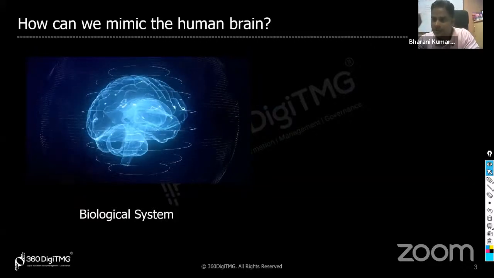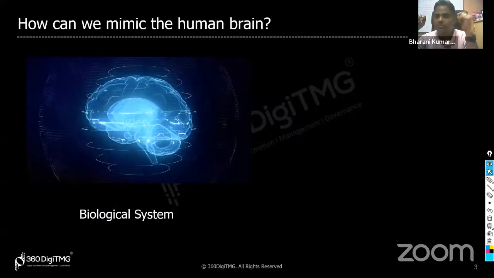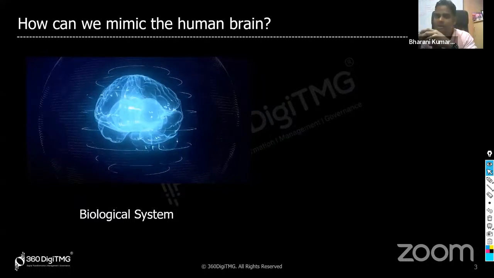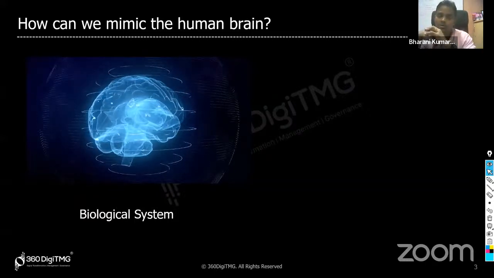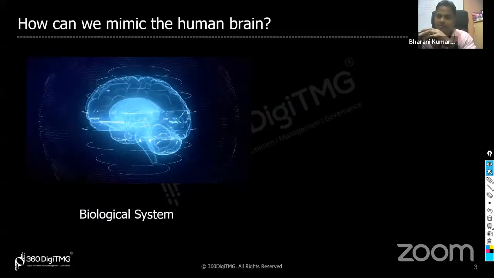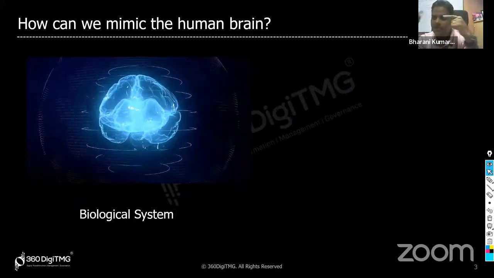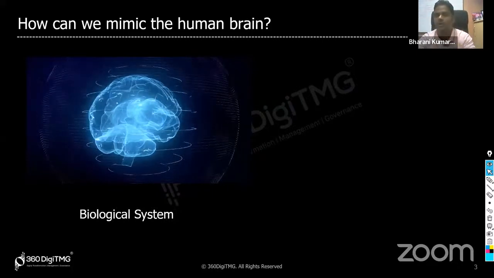Because if you're driving a car, what do you do? You'll be talking over the phone using Bluetooth maybe, and you'll be looking at a display board, and you'll also be monitoring the traffic. So human brain is intelligent enough to do all these things, multitasking. With efficiency, we do, right.